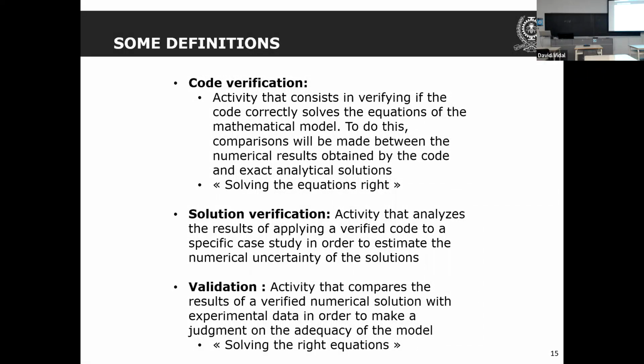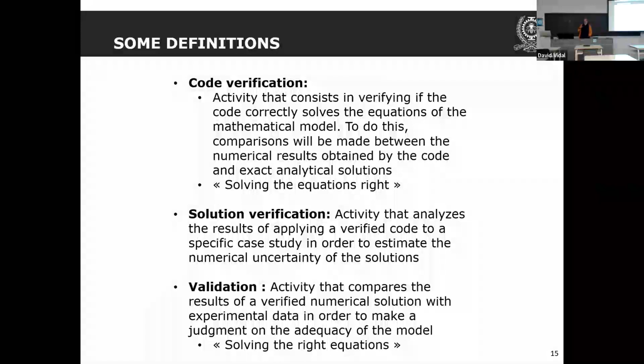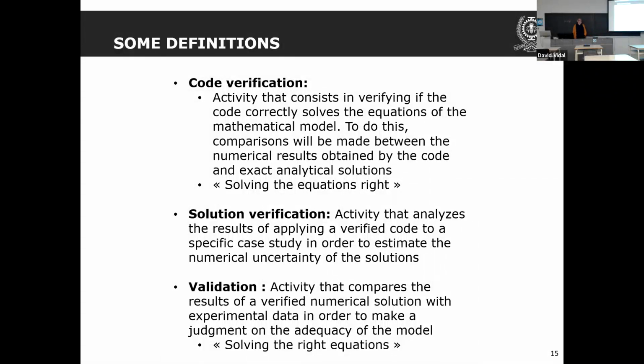Your scheme is supposed to converge at a certain order. Is my code converging at this order? If the answer is yes, it's probably the proof that you do not have any remaining bugs in your code, although you need to do a lot of verification tests for all the components of your modeling to be sure that it's solving everything correctly.